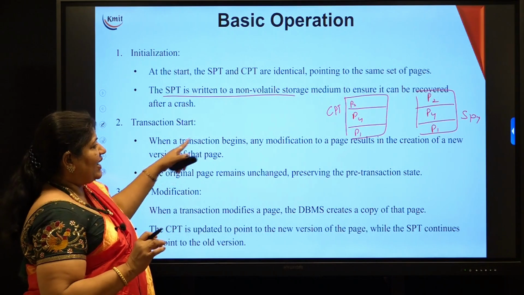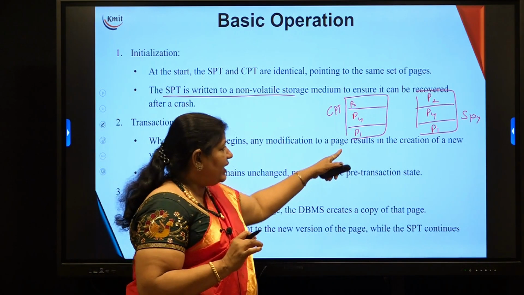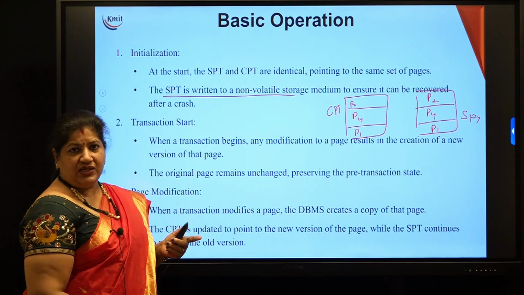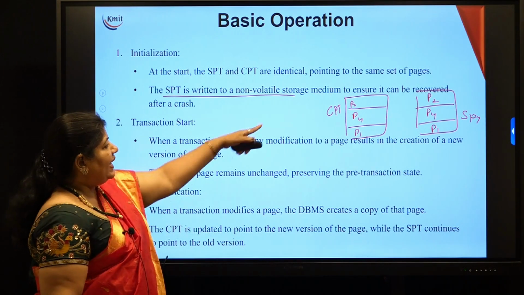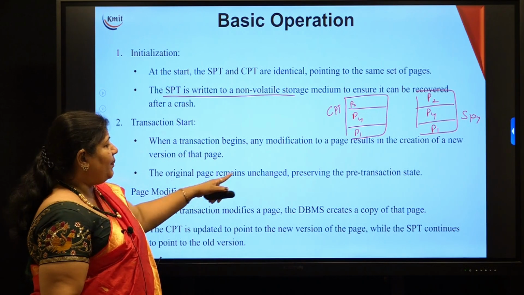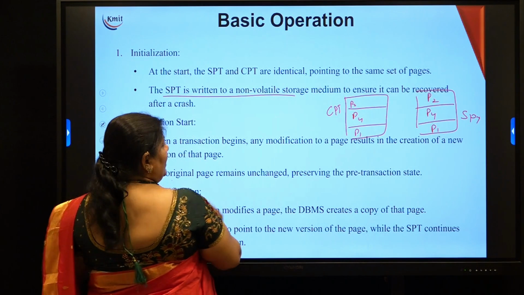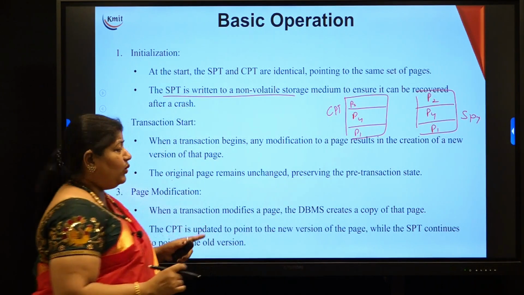Whenever a transaction begins, any modification to a page results in the creation of a new version of that page, and that will be maintained only by the CPT. The original page remains unchanged, preserving the pre-transaction state. So page modifications are done only in the CPT.